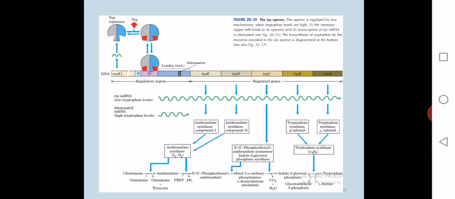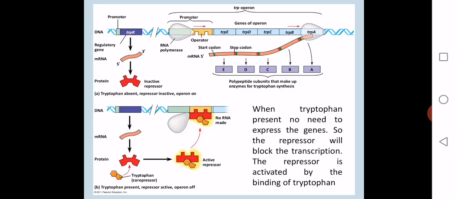And the feature of the trp repressor is that this repressor is in the inactive stage, and this alone cannot go and bind to the operator site. This repressor has to be activated before it can bind onto the operator site. And this activation is usually done by interaction with tryptophan.